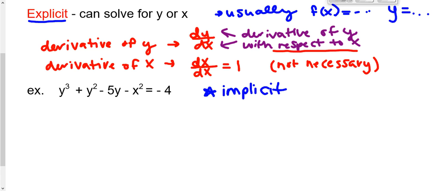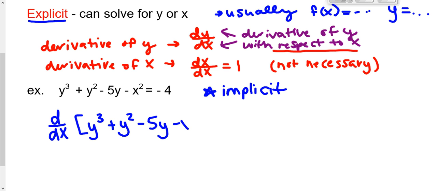When we take the derivative, remember our operation for taking the derivative is d over dx. We're going to take the derivative on one side of y cubed plus y squared minus 5y minus x squared, and on the other side, we're taking the derivative, just d over dx.